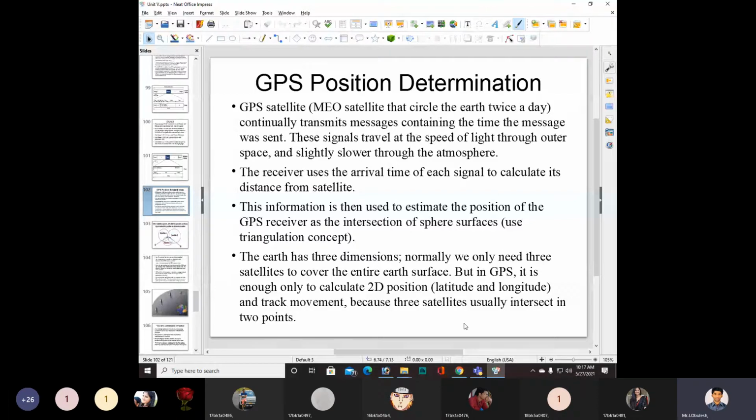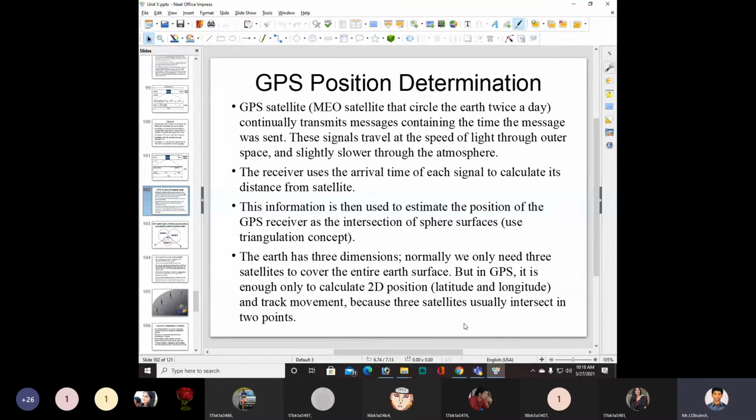First we need to see that a GPS satellite continually transmits messages containing the time the message was sent.